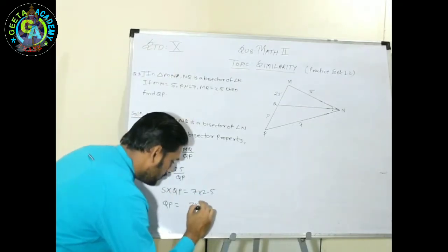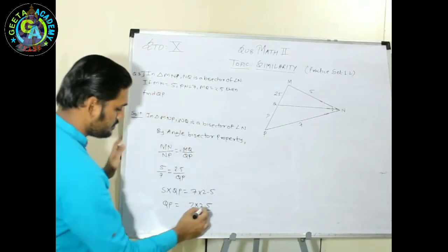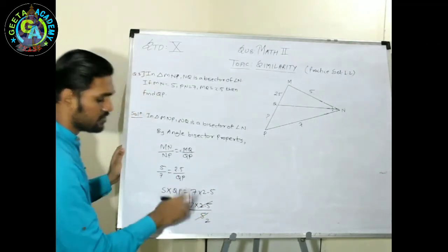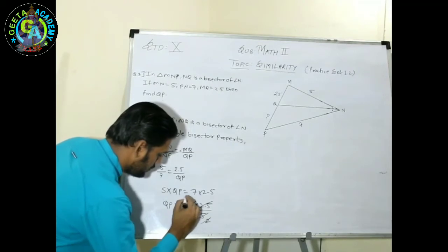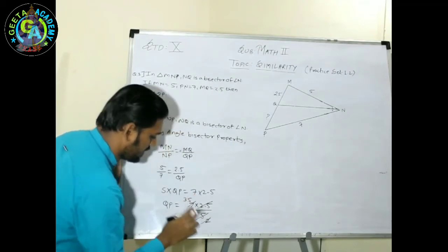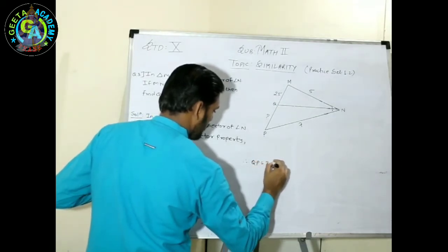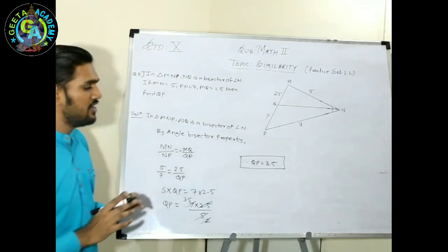So 7 into 2.5 upon 5. 2.5 can cut 5 two times, because double of 2.5 is 5. Now 2 can cut 7 into 3.5, half of 7 is 3.5. So we got QP is equal to 3.5. This way we get the value of QP.